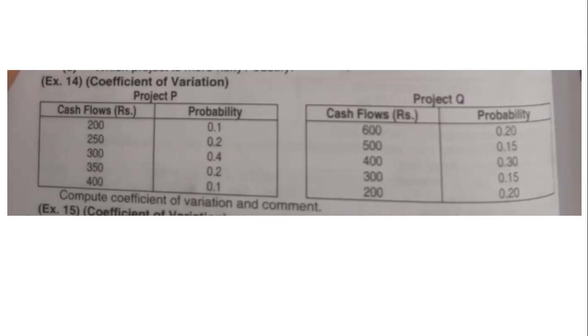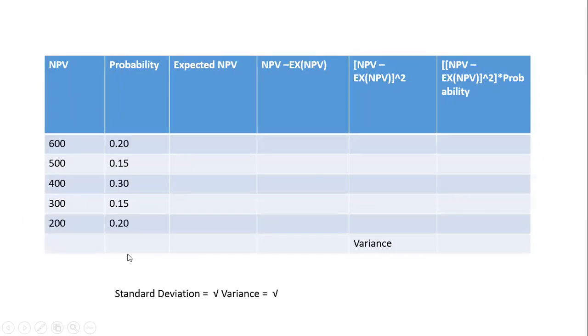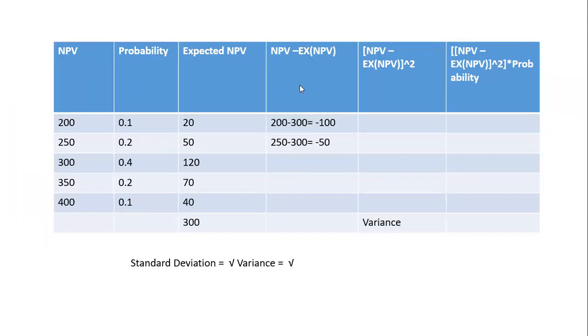You will get the variance. The total of that column is variance, and the square root of variance is standard deviation. These are the columns: NPV, probability, expected NPV, NPV minus expected NPV.